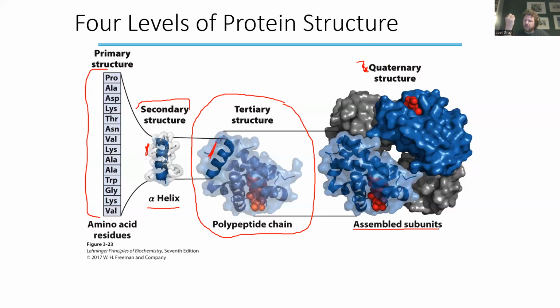They're going to fold in a specific way. But then that polypeptide is going to interact with another polypeptide. These are two independent polypeptides, but they're going to interact with one another, and they are going to form something that has its own shape, its own three-dimensional structure, its own fold.